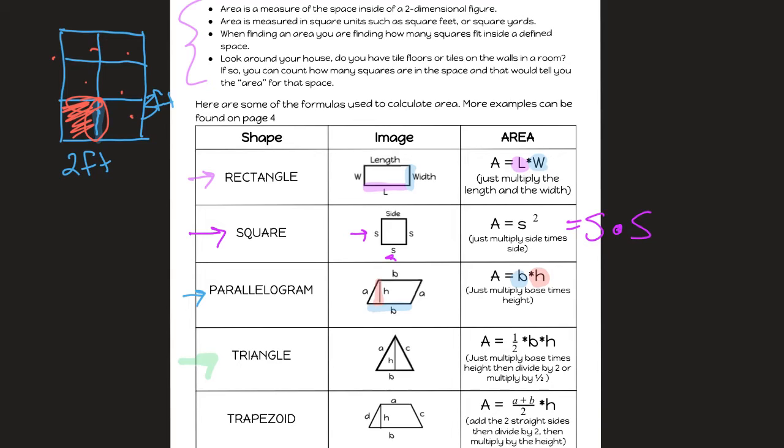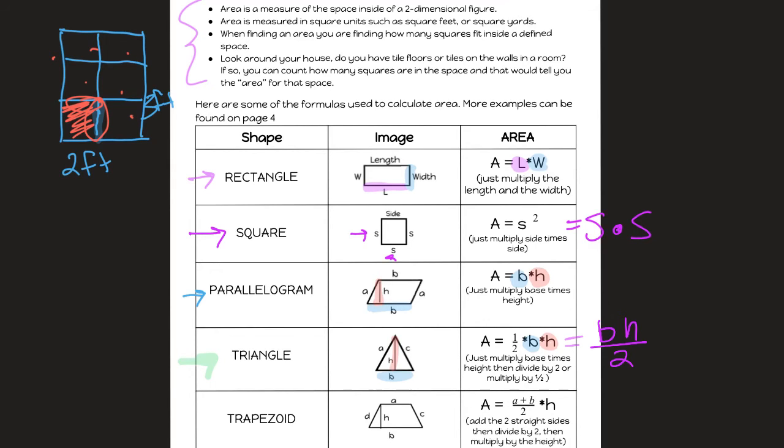So again, here's my base. Here's my height. Or this can also be written as the base times the height divided by 2. Those are the same thing.